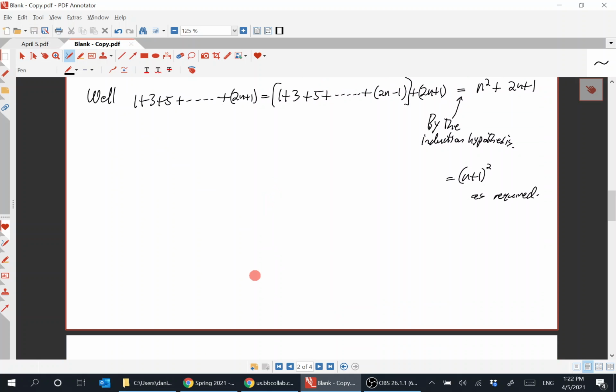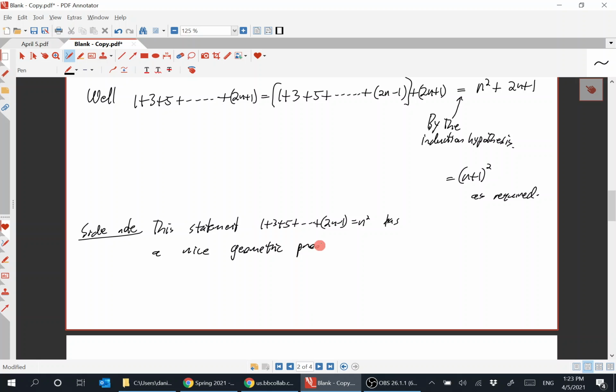By the way, side note, this statement, 1 plus 3 plus 5 plus 2n minus 1 equal to n squared, has a nice geometric proof. No induction.